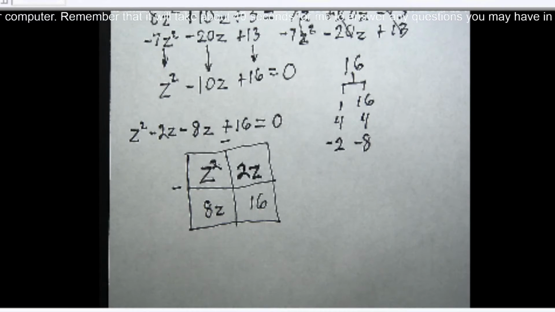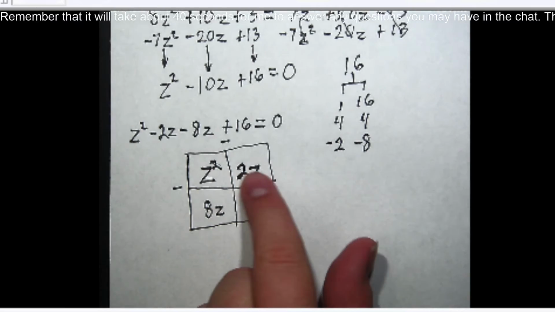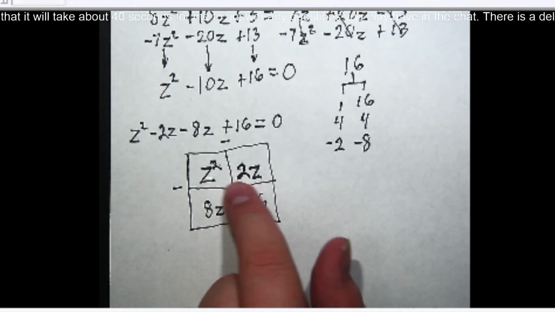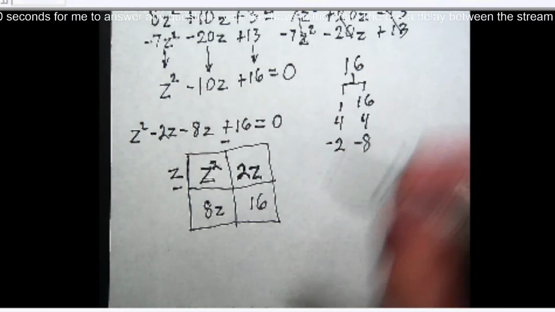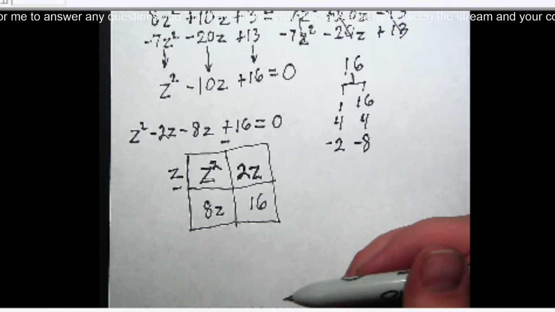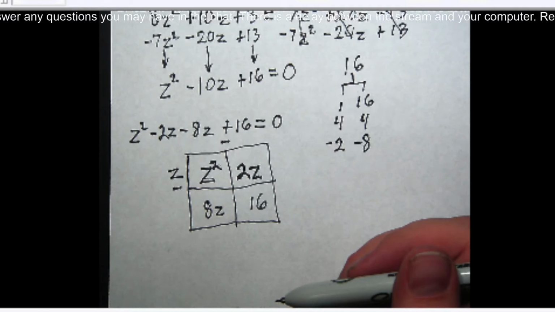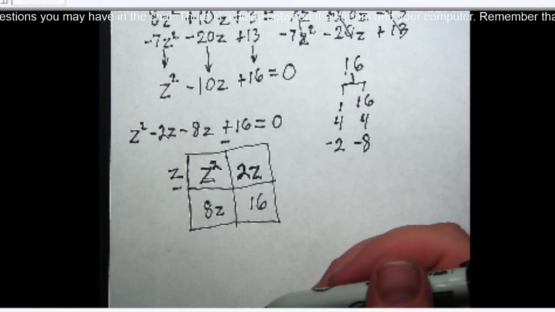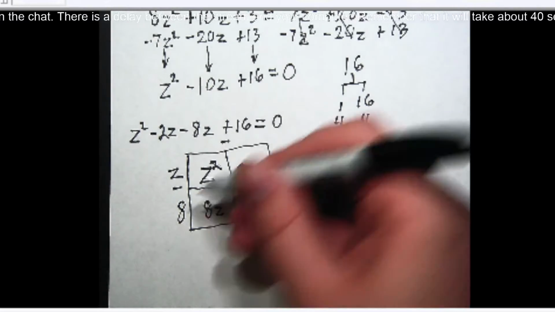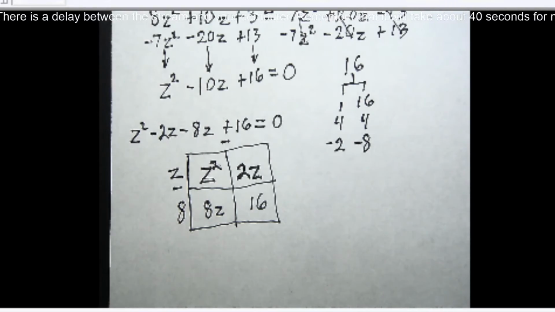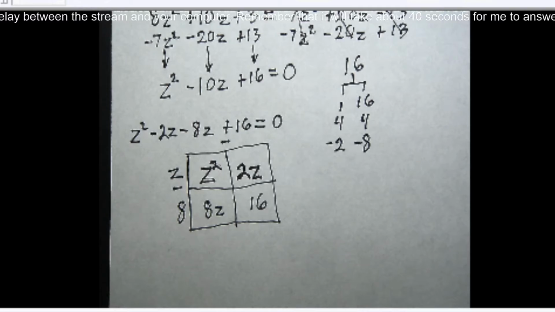So now let's see if we can factor this. This first row, what can we take out? Z, good. How about this second row? Bigger than 4, actually. 8, yeah. 4 can come out, you're right, but 8, we're looking for the largest factor, so 8 is the largest one.